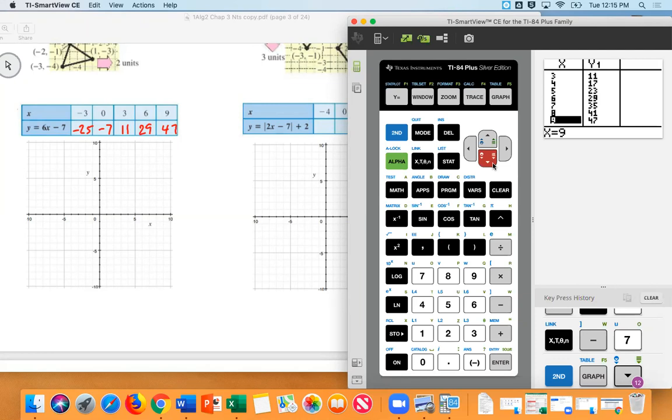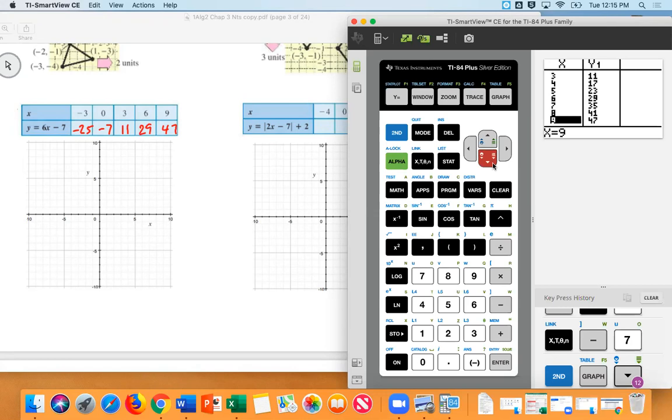Well, when your calculator's out of batteries and you don't know how to do it, this is all you do. Ready? You take it and you plug in the number. So for example, I would do 9 times 6, that's 54, minus 7 is 47. 6 times 6 is 36, minus 7 is 29. 3 times 6 is 18, minus 7 is 11.